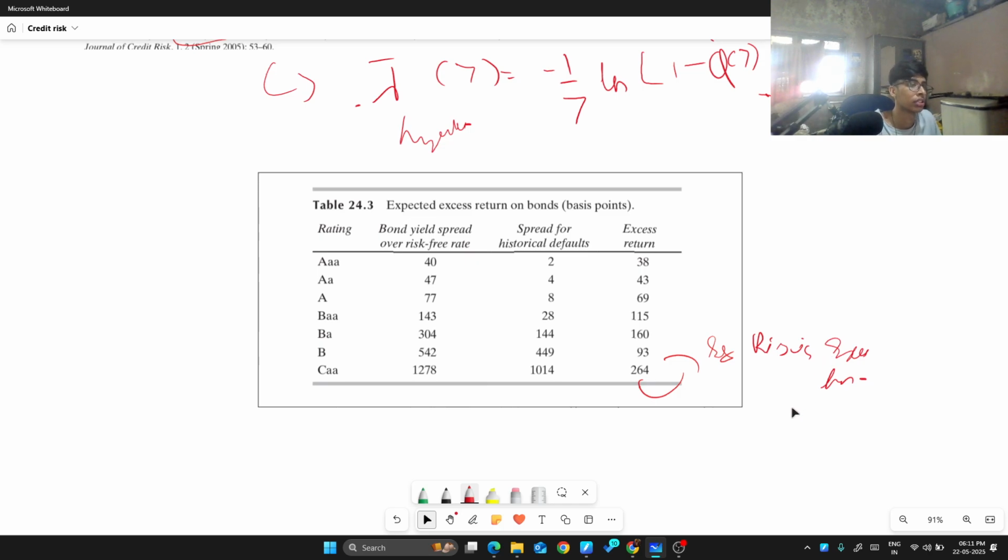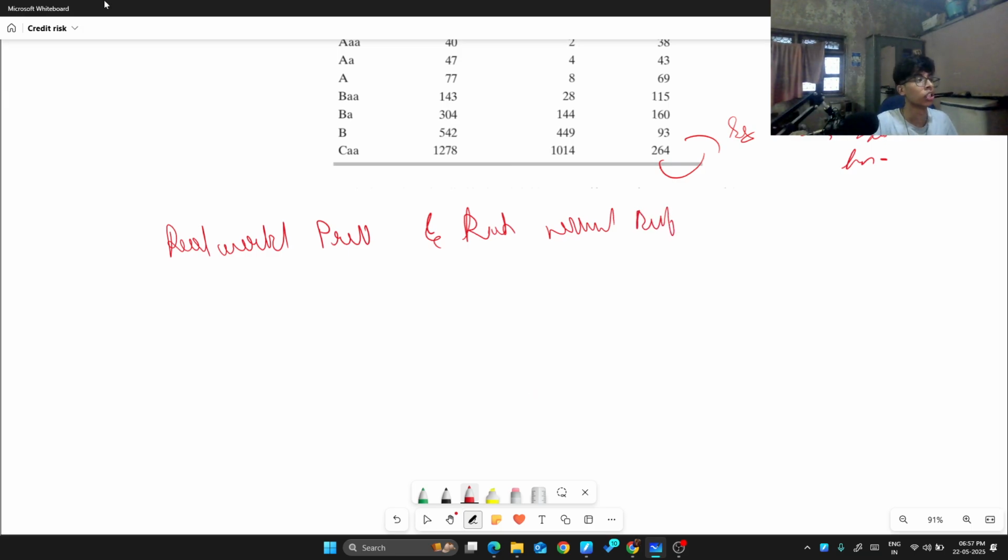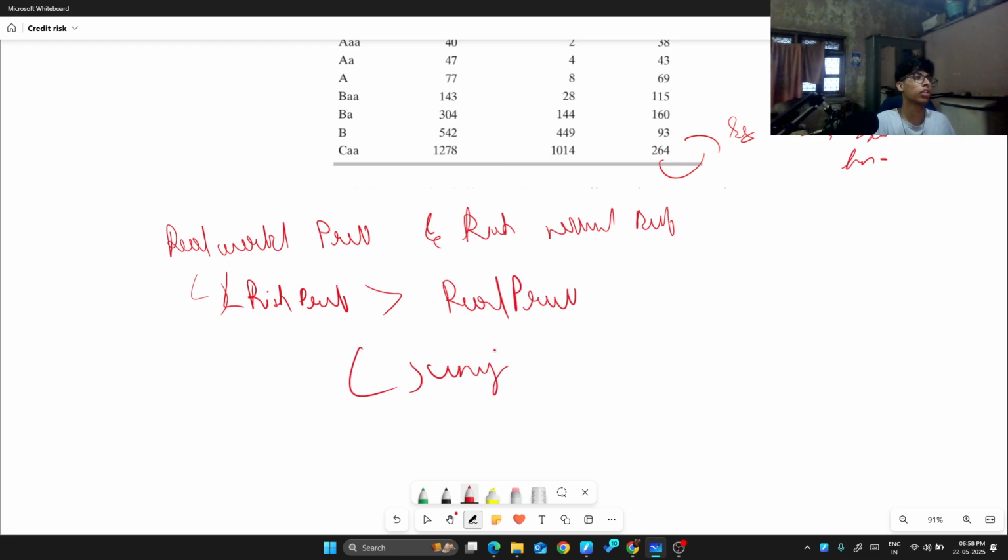Now let's cover real world probability versus risk neutral probability. We know that our risk neutral probability is always more than real world probability, and we discussed why, right?